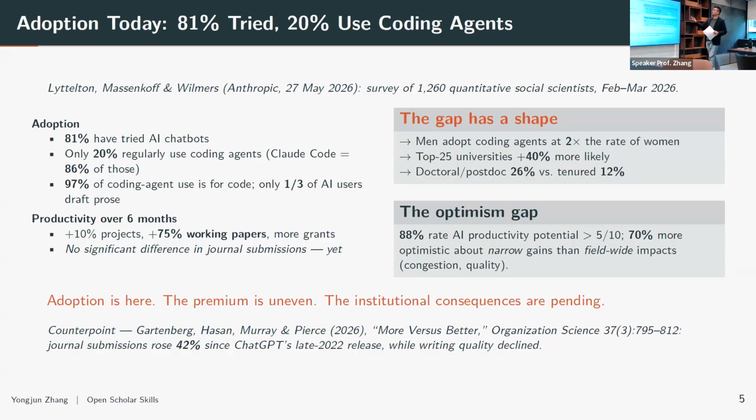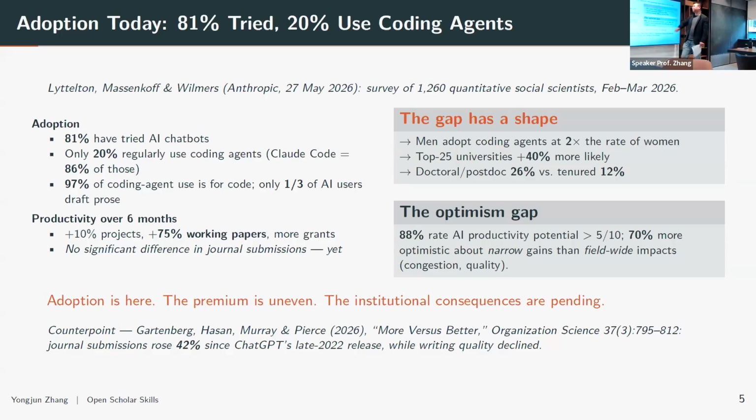And of course, early career scholars are more likely to adopt coding agents than senior ones. Doctoral students, postdocs, and tenure-track faculty are more likely to adopt coding agents. So adoption is here.